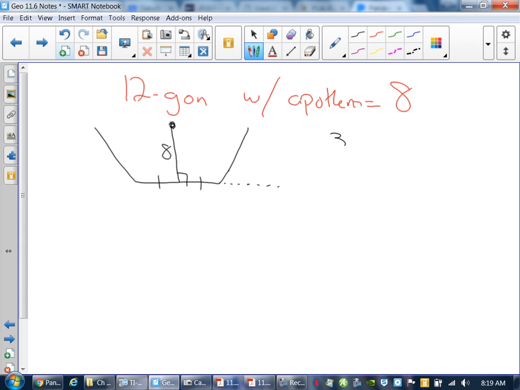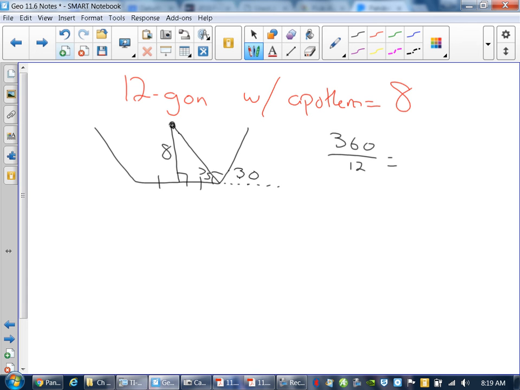And now, what is the exterior angle? 30, which means your interior angle then would be 150. Half of 150 is 75.